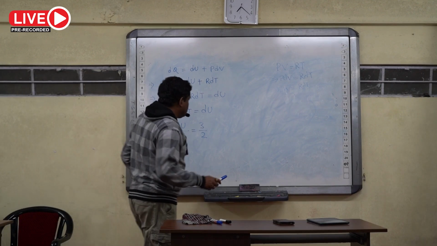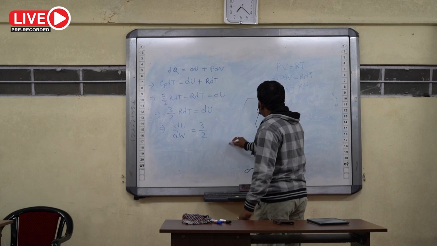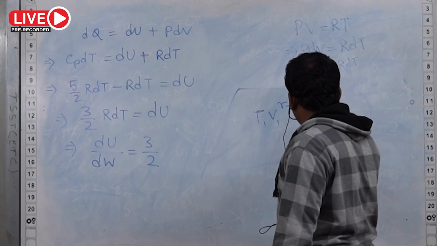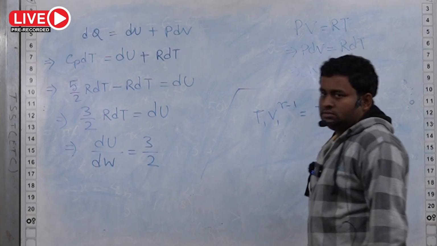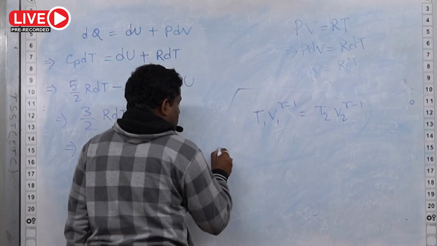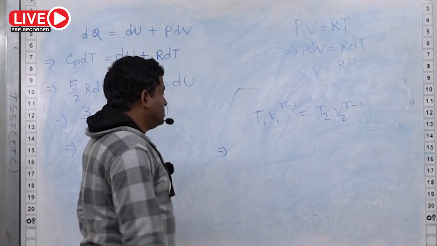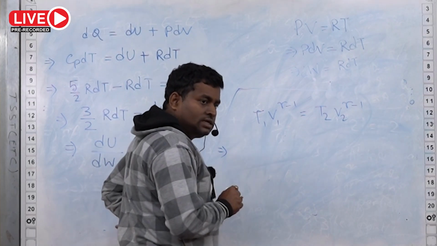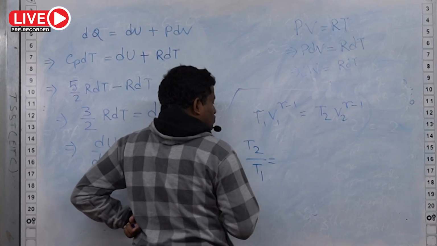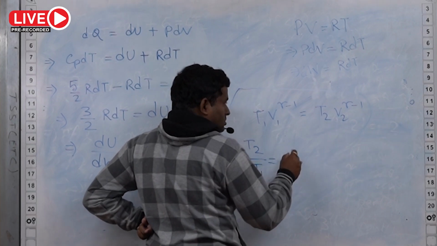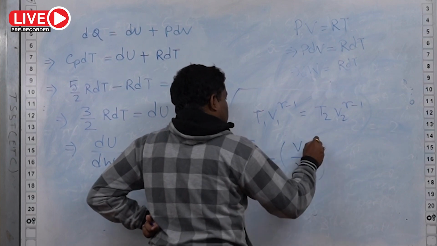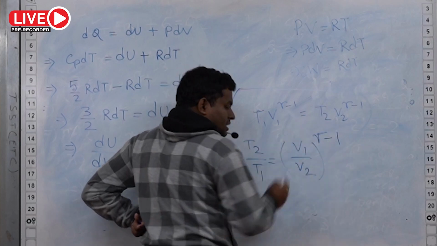For the adiabatic process, it shows that T1 V1 to the power gamma minus 1 equal to T2 V2 to the power gamma minus 1. Since the volume is compressed, the ratio of final temperature T2 to initial temperature T1 will be equal to V1 by V2 to the power gamma minus 1.